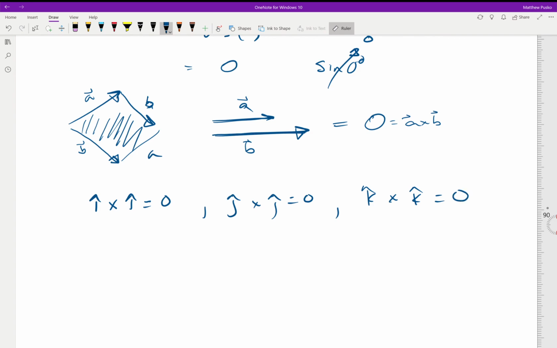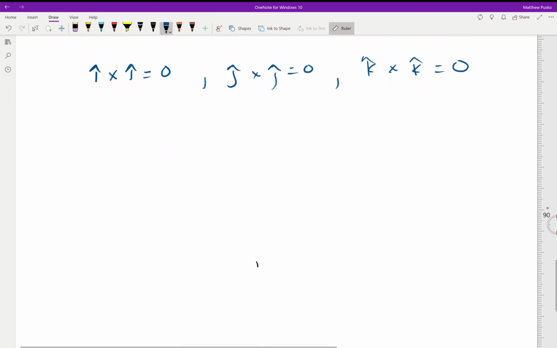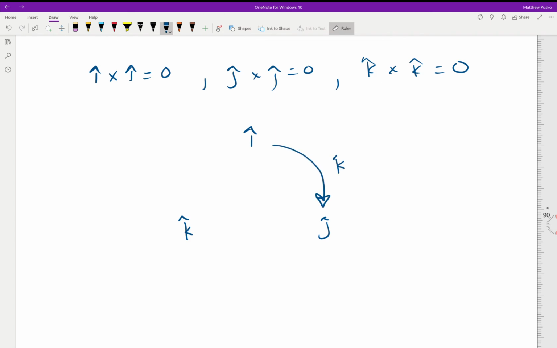Now as for the other ones, I use a little trick. I draw this on my paper if I take a test or something too. Here's I, J, and K. If I cross I into J, it will give me a positive K back. If I cross J into K, I get a positive I. If I cross K into I, I get a positive J. And I can go backwards.